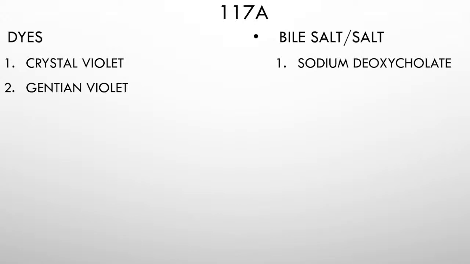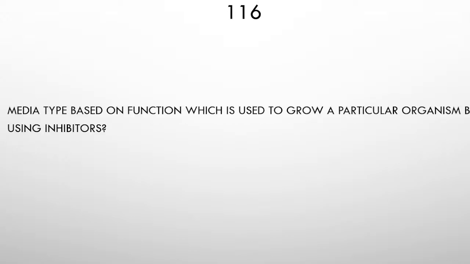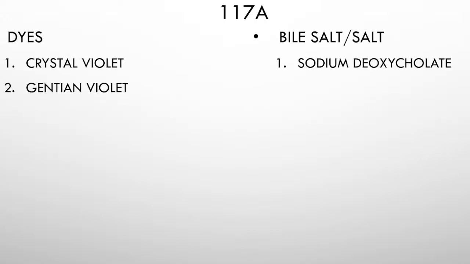These are added in MacConkey agar, making it a selective medium for gram-negative organisms. It selects only gram-negative organisms. By definition, a selective agar is a culture media that allows the growth of a particular organism by using inhibitors. Let's move on.